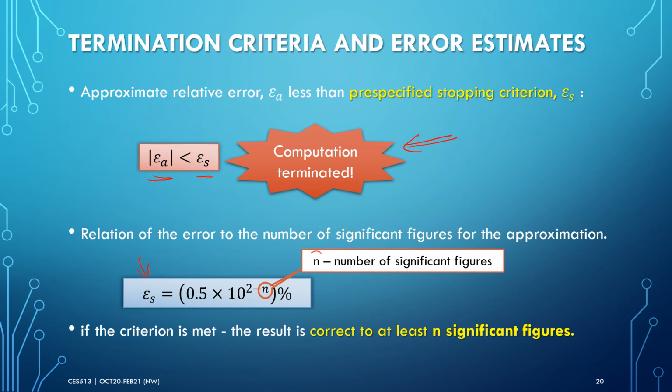So n here is the number of significant figures. From there, it can be shown that if the following criterion is met, we can be assured that the result is correct to at least n significant figures of approximation.